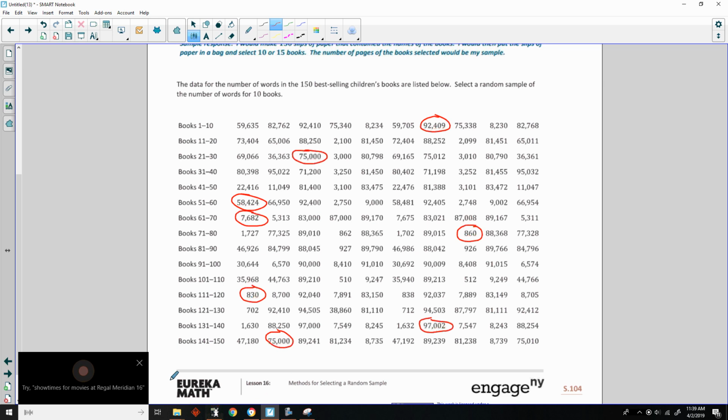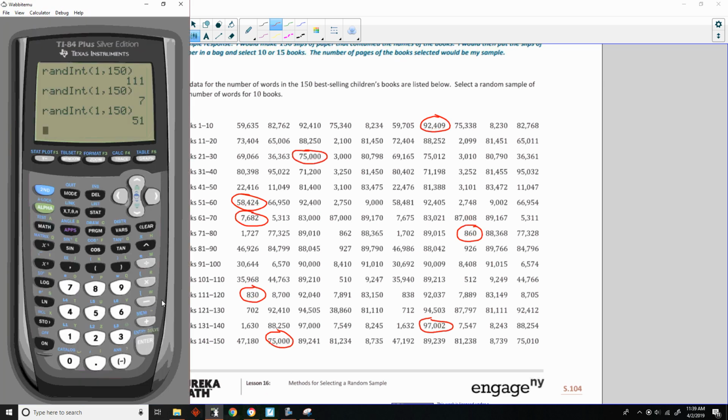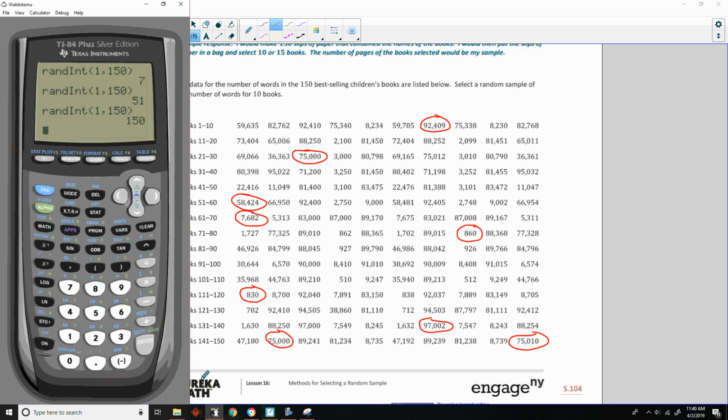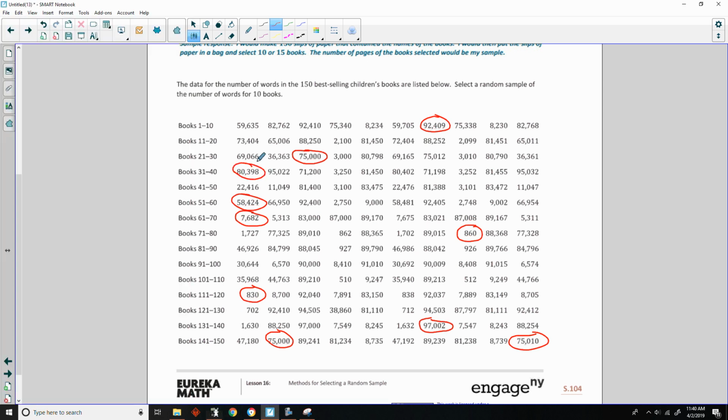Hit enter, 150. That is actually the last book in the list. So now we have 3, 4, 5, 6, 7, 8, 9. I got to do this one more time. Enter, 31. So here's 31. So there is my random sample of the number of words for 10 books. So that's how I did it.